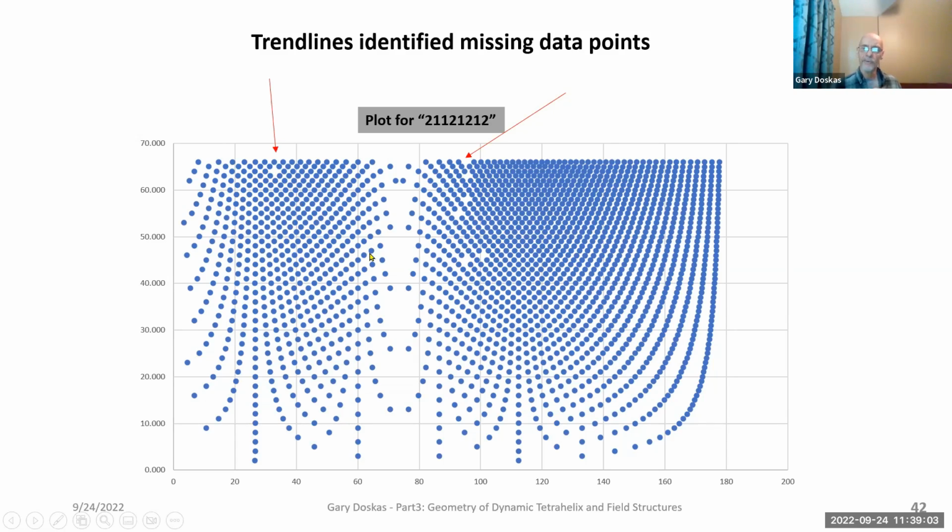Because you notice that with these longer tetrahelix, the elements move quite fast. If I didn't have the step of the twist angle small enough, it just skipped right over this harmonic and I missed the point where they overlapped. So these plots helped me find all the data I needed.